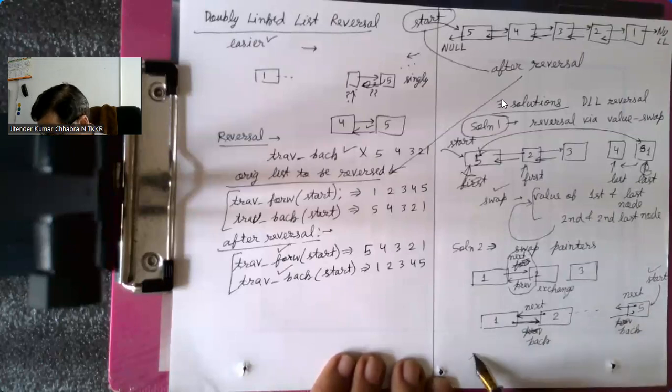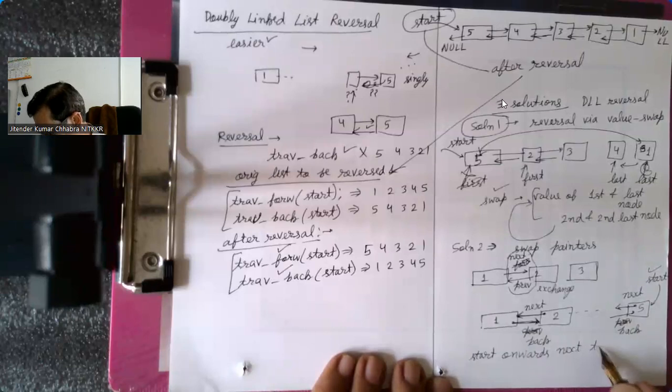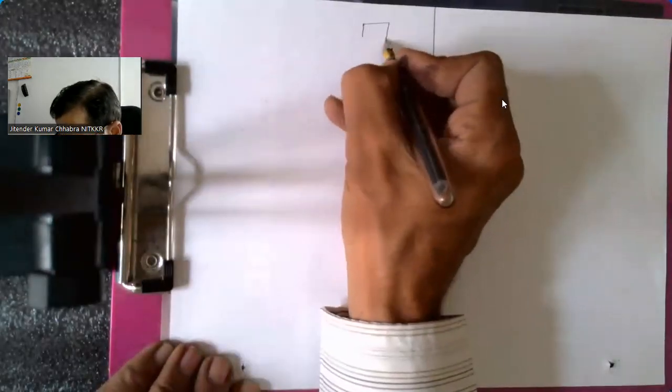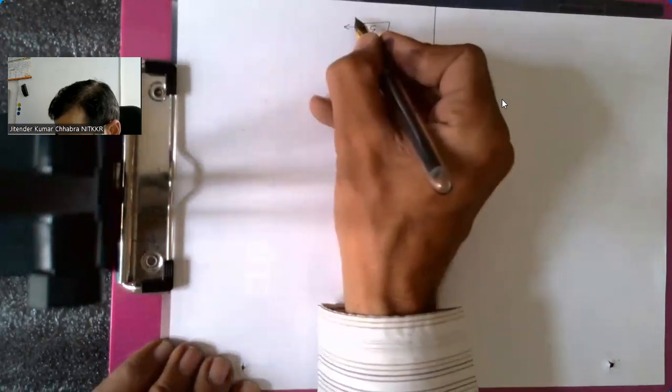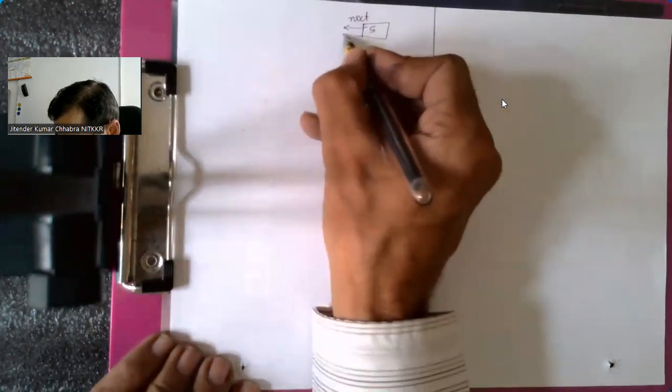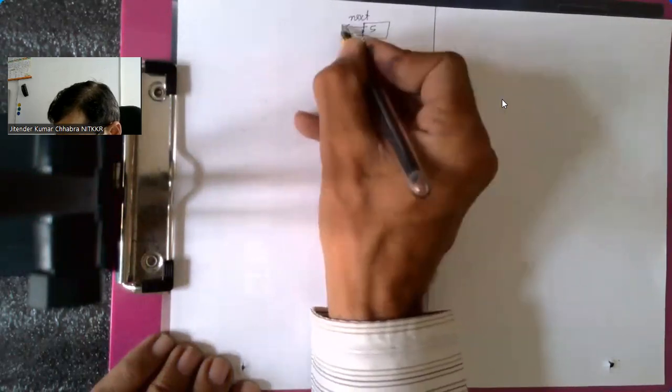Start next traversal is effectively traverse forward, and a traverse forward will effectively mean 5, then 4, then 3, then 2, then 1. And similarly, if I have 5 here, this is my forward pointer or next pointer. This is my back pointer. Here I have 4. My start is already here.